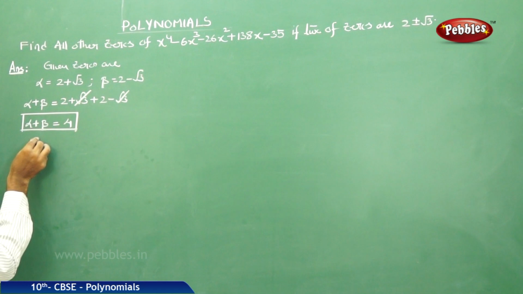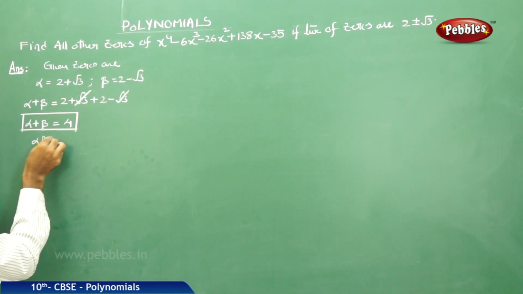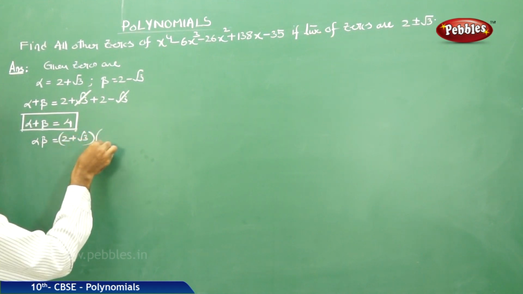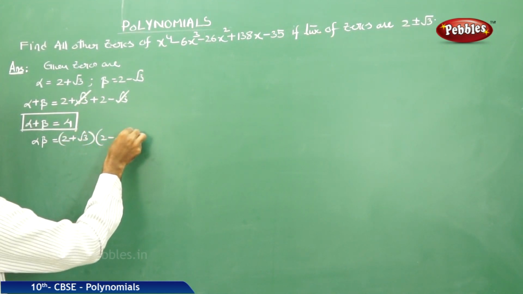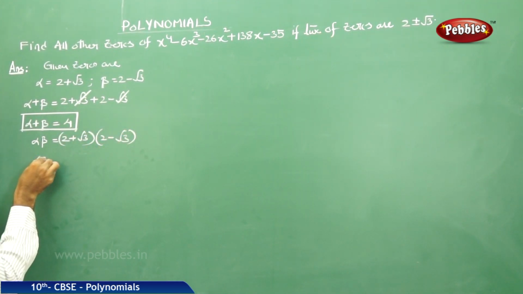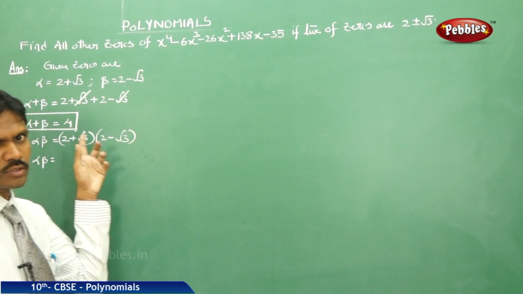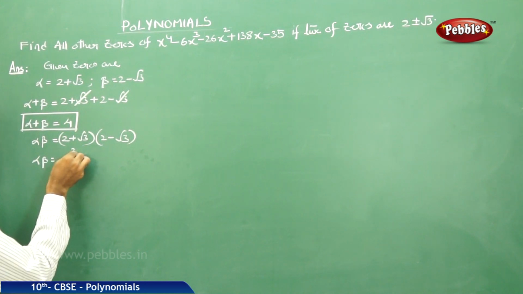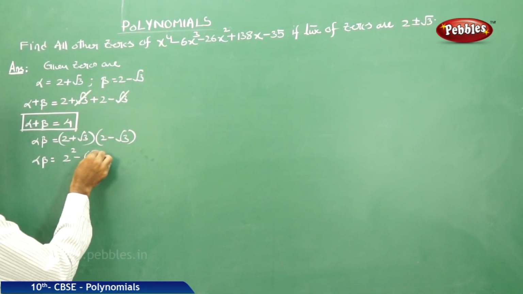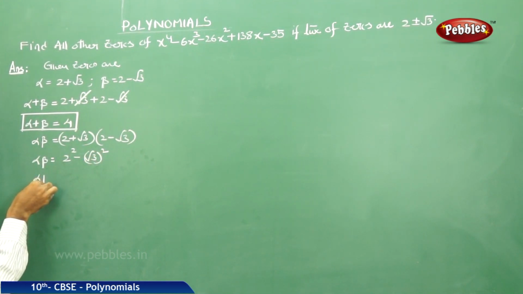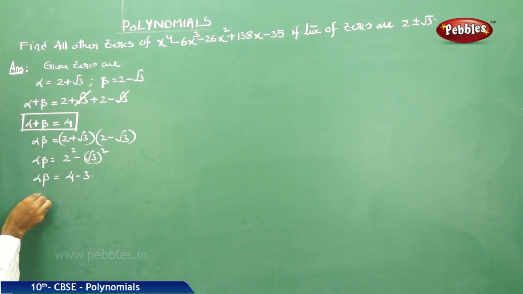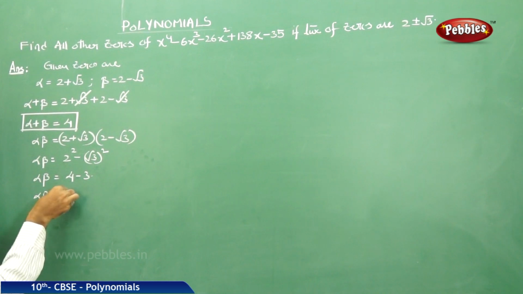Next, alpha beta is equal to 2 plus root 3 into 2 minus root 3, that is of the form a plus b into a minus b, which will give you a square minus b square, that is 2 square minus root 3 whole square, that is alpha beta is equal to 4 minus 3, alpha beta is equal to 1.